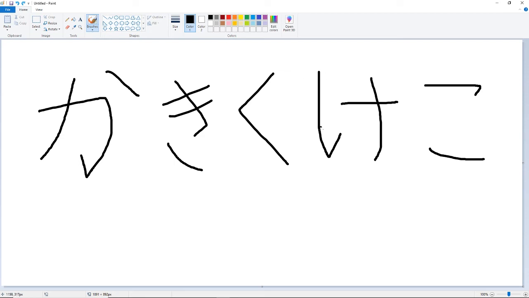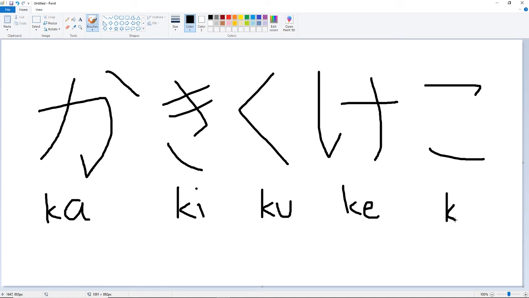We got the alliance of the hook and the cutlass laughing as they collude. Ke. Sorry, I should write the sounds. Ka, ki, ku, ke. And then finally, we've got the very posh laugh. Ko.